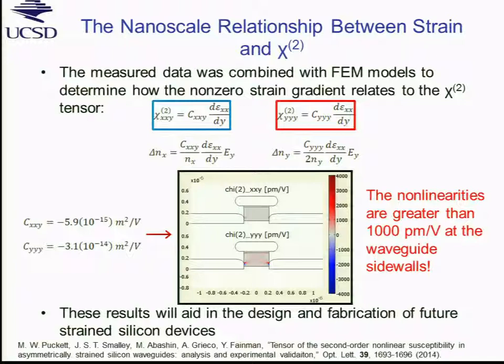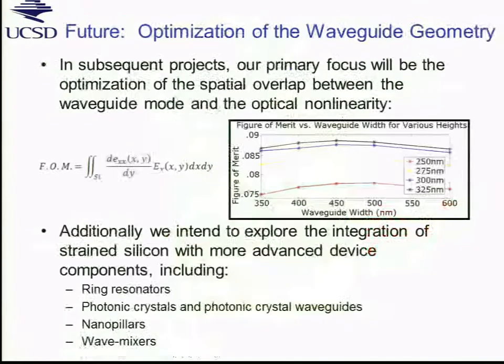And it's interesting to notice that if you do modeling, you can see that in some regions around here, where it's red, you achieve a Chi2 of 1,000 picometer per volt. So, bringing it back, if we can localize the mode where the strain is, we actually beat lithium niobate by a factor of few.